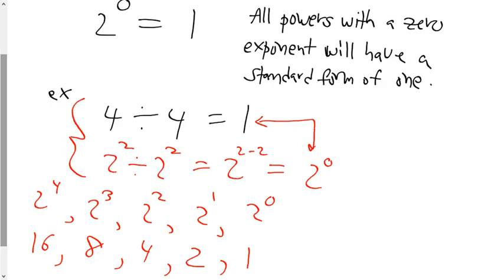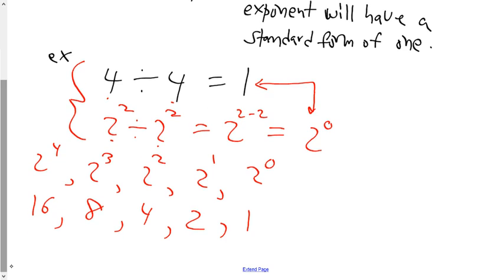You could say that if I take any power and divide it by itself, I get a power with exponent 0. If I change these exponential forms to standard form, I will be dividing a number by itself, in which case they will be even. Now, I'll take a blue ink here. I'll do one more. Let's take 3 cubed divided by 3 cubed. If I use the law, keep my base, subtract my exponents, I get 3 to the power of 0.